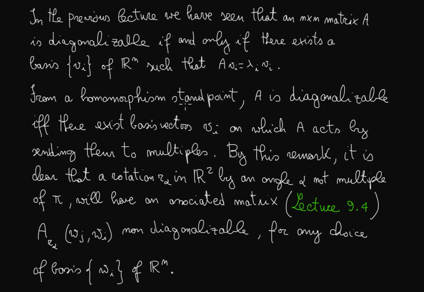From a homomorphism standpoint, A is diagonalizable if and only if there exist basis vectors Vi on which A acts by sending them to multiples, as we have just seen.